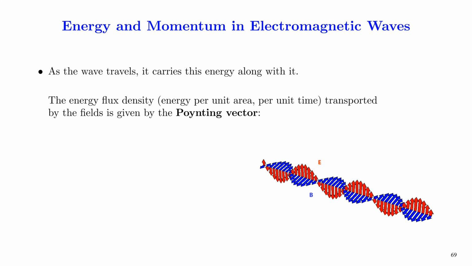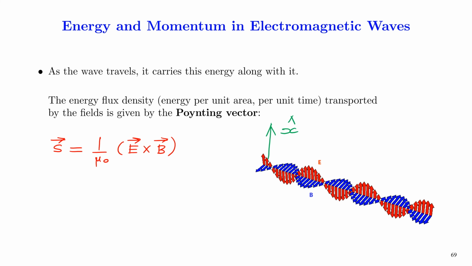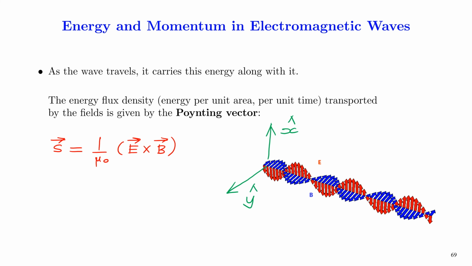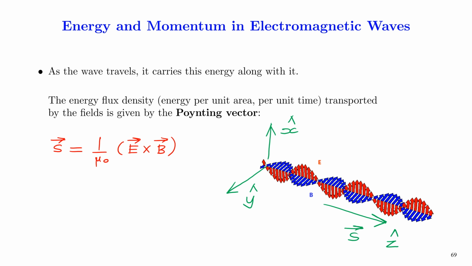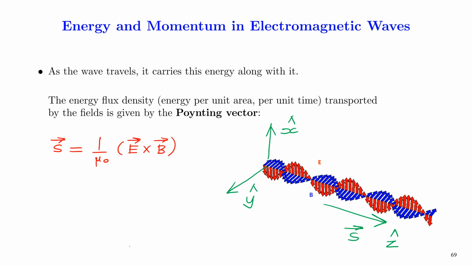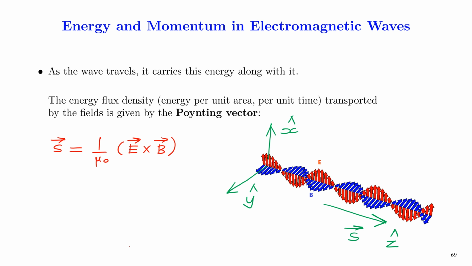The Poynting vector is defined to be S equal to 1 over mu 0 times E cross B. If the electric field is oriented along the x direction, and the magnetic field along the y direction, then from this equation we see that the Poynting vector will be oriented along the z hat direction, that is along the direction of propagation. This expression for the Poynting vector is a general one. Let's try to reformulate it in a still more useful form.